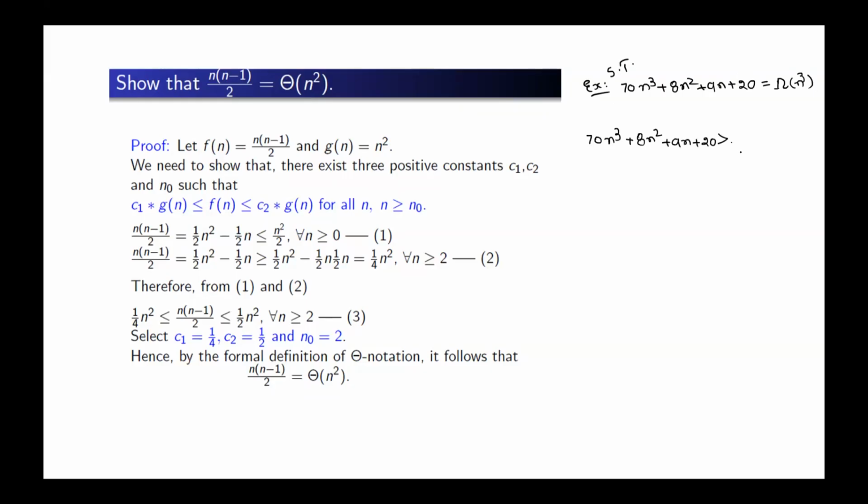It should be greater than or equal to something into n cube. For all n greater than or equal to n naught, within a second we should give answers. What is C and n naught? C equal to 70. If I take that, this entire value will automatically be greater than or equal to 70 into n cube, no? And n naught, any value you take, even 0, it will be true.